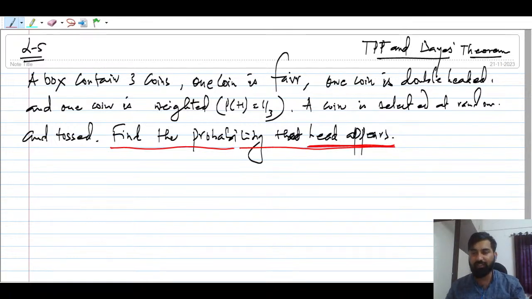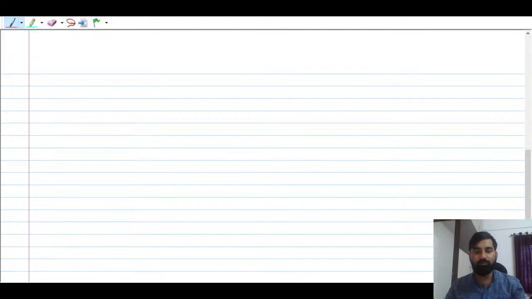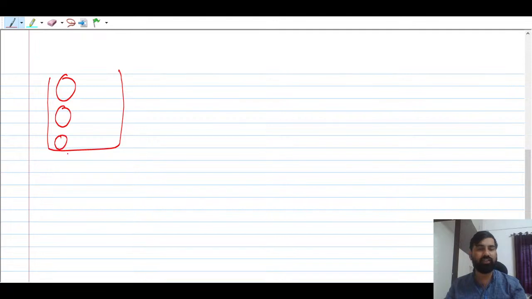In the box there are three coins. Suppose this is a box and there are three coins: first coin, second coin, third coin. The first is fair, this is doubly headed, and this is weighted, you can say WC, or this is FC.